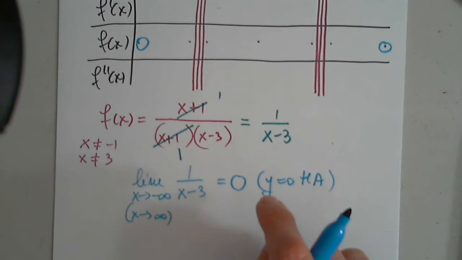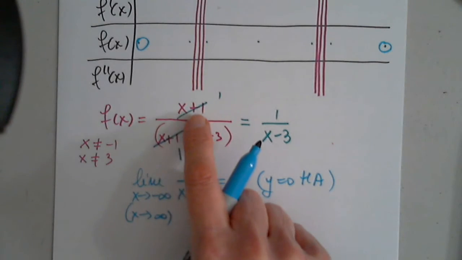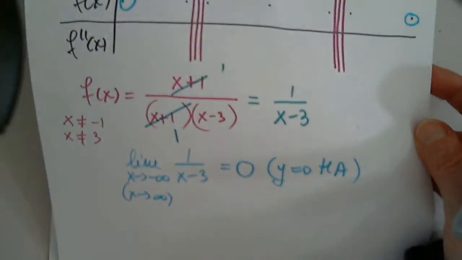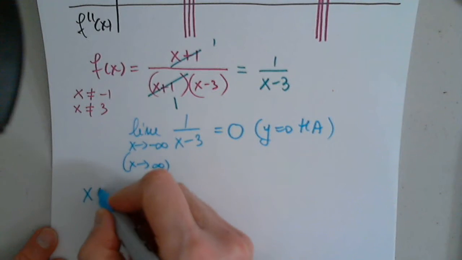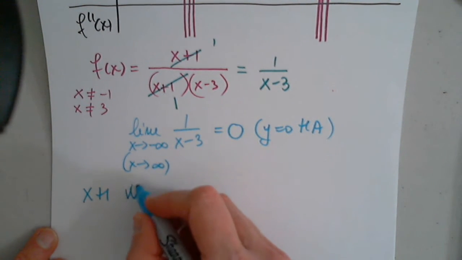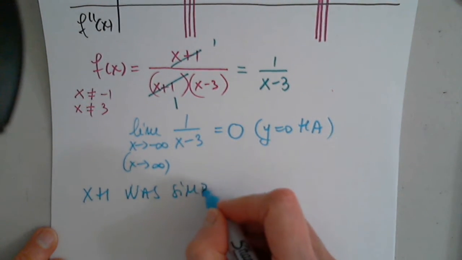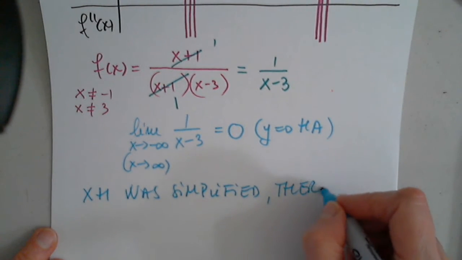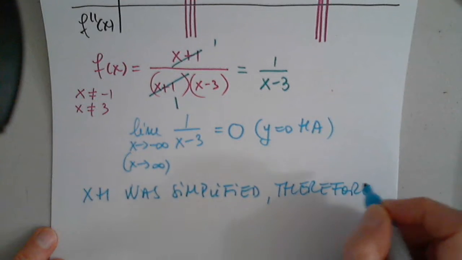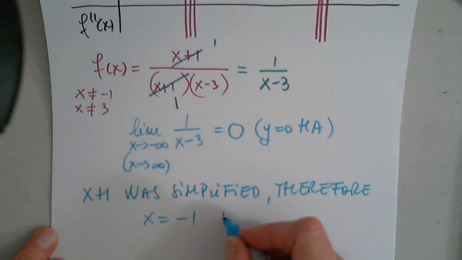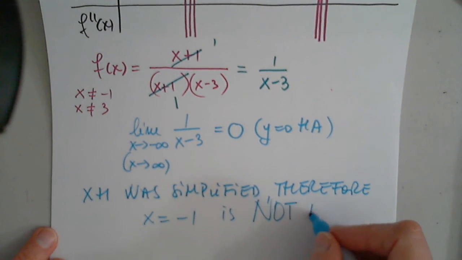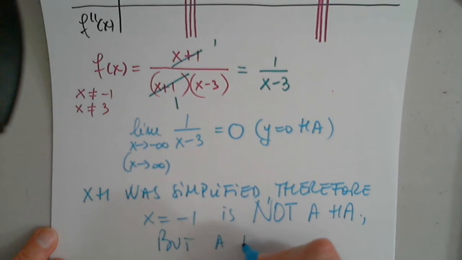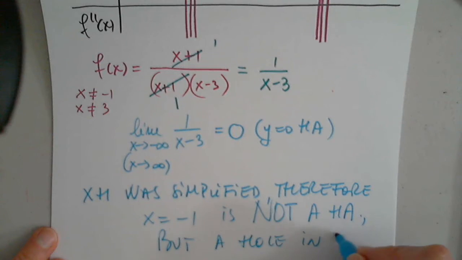Notice one thing that happened here. This factor went away. So now note x plus 1 was simplified. Therefore, x equals -1 is not a vertical asymptote, but a hole in the graph.